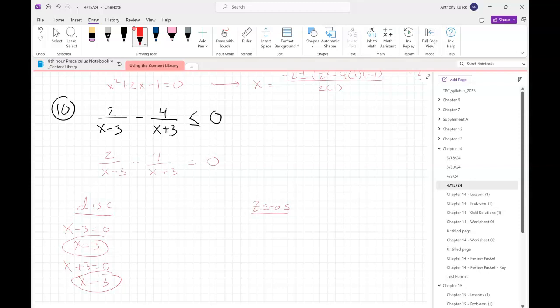Or we could just solve this problem the same way we just did previously. I would recommend doing that. So, to clear the fractions, what do I need to multiply both sides of this equation by? X minus 3 times x plus 3. Very good.